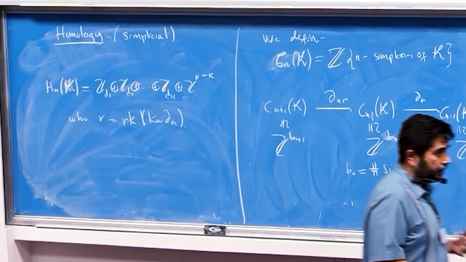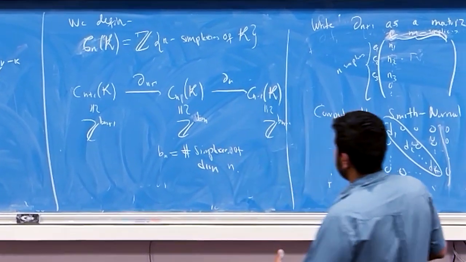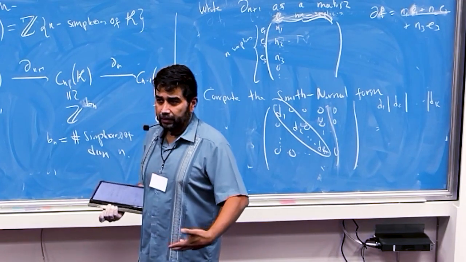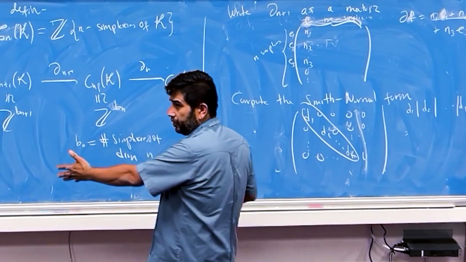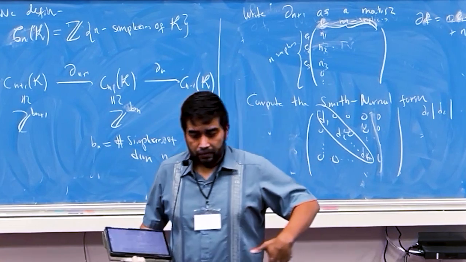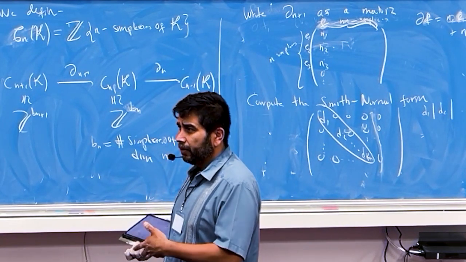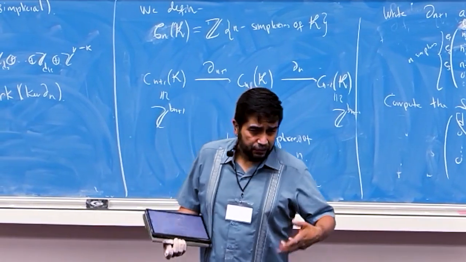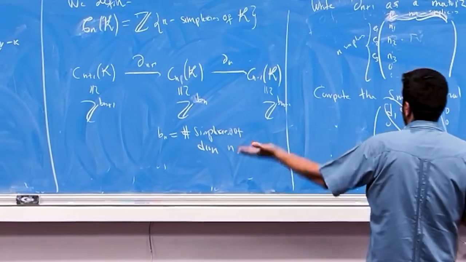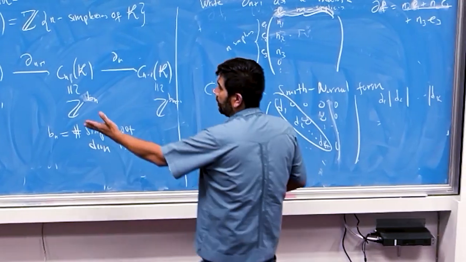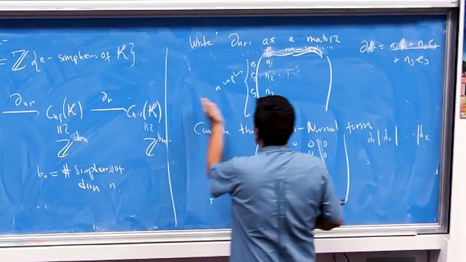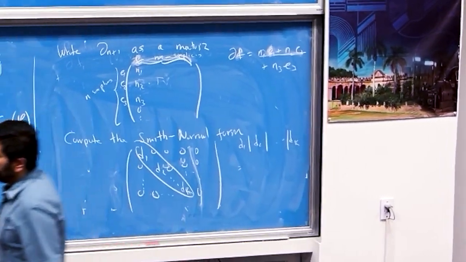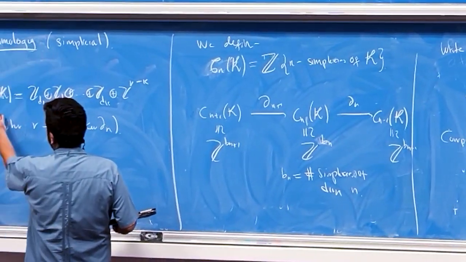So once you have a simplicial complex, you can algorithmically compute the homology. That's what I want to say with this result. You don't need to have a much deeper knowledge about the meaning of homology. If you just want to compute it, you can do all these computations straightforwardly. Take every boundary operator, write it as a matrix, get its normal form, and then you will get the homology of the space like this.